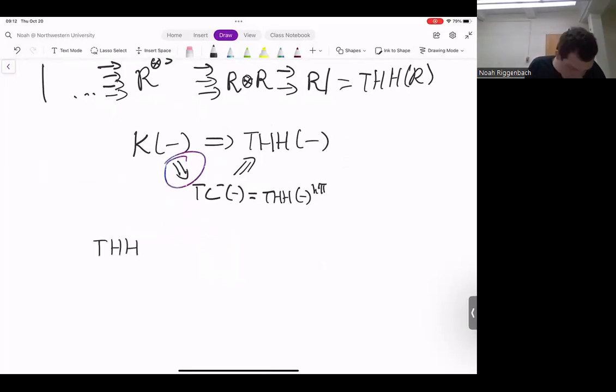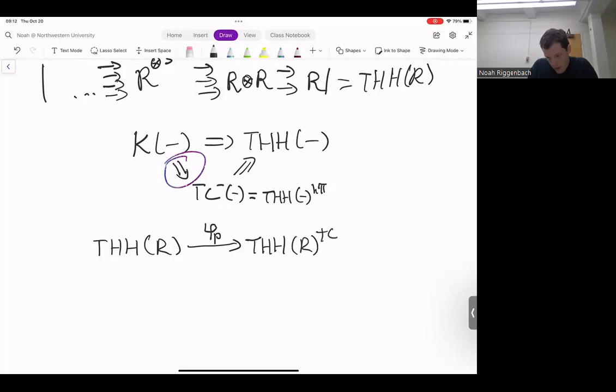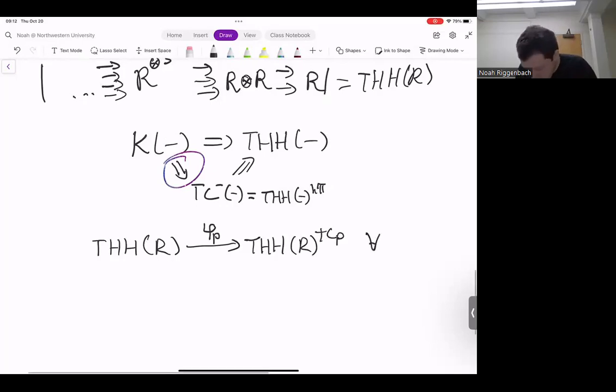So you have THH of R. They come equipped with S1 equivariant maps, which we call Frobenius maps, from THH of R to THH of R Tate C_p. And this is for all primes p, here P is the set of primes.